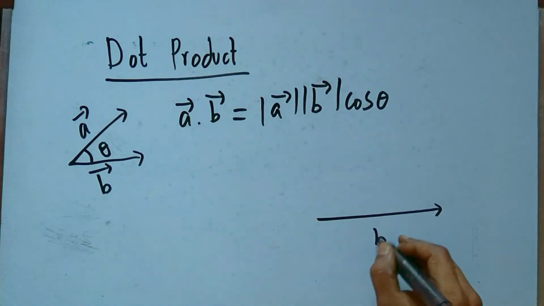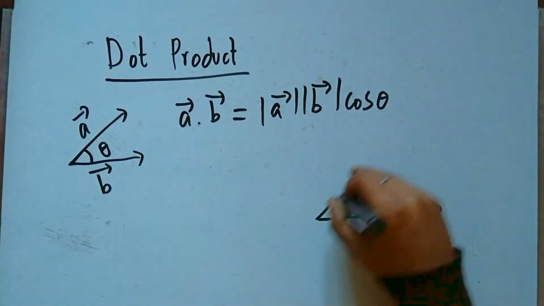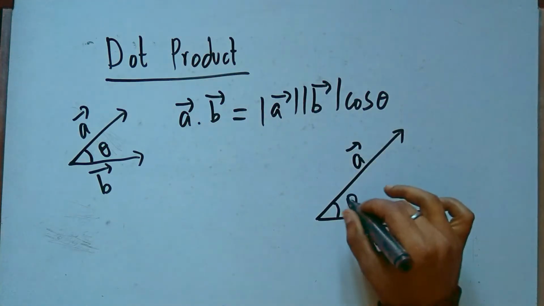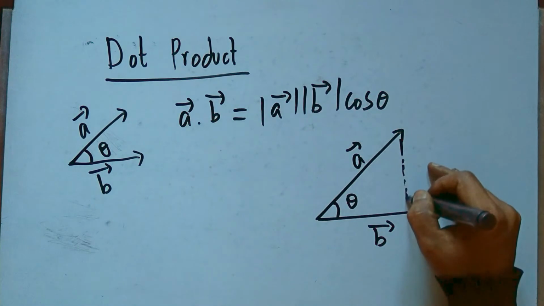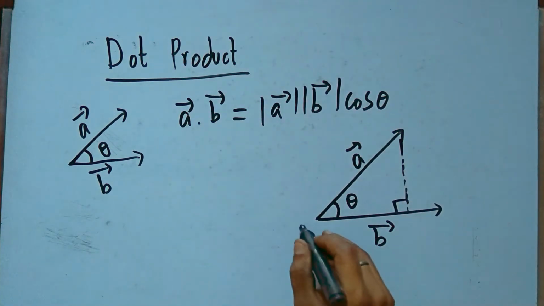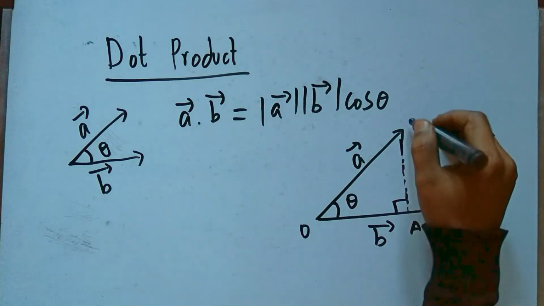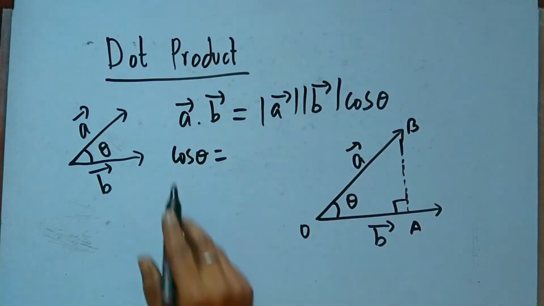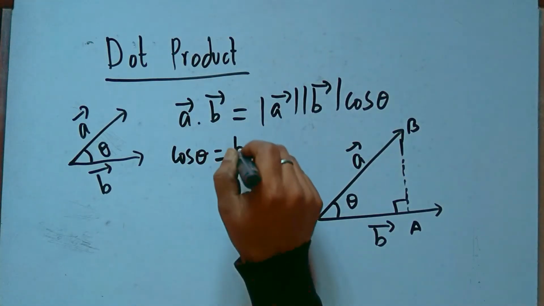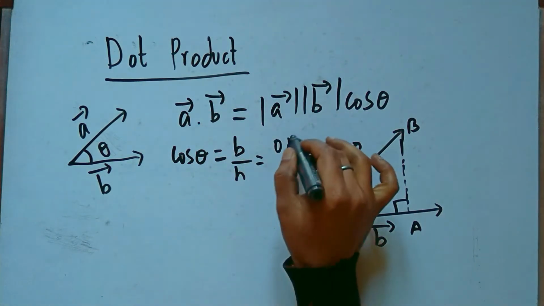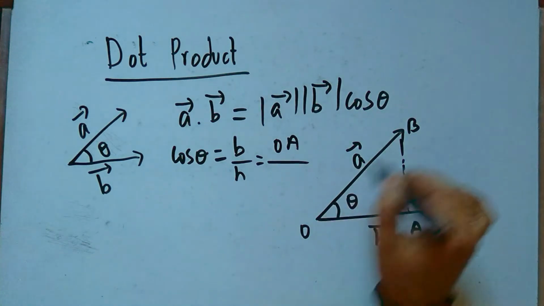If this is vector B and this is vector A and this is theta, if we draw a perpendicular here, this is 90 degree, let it be O A B. In triangle OAB, which is a right angle triangle, cos theta is equal to base by hypotenuse. Here base is OA and hypotenuse is OB.